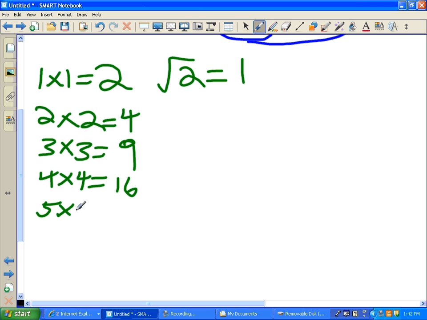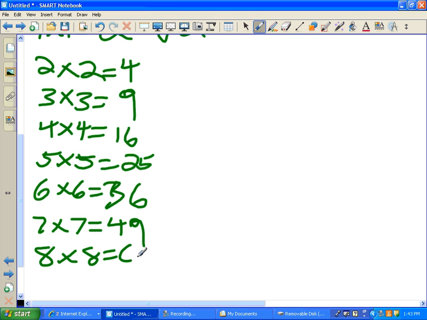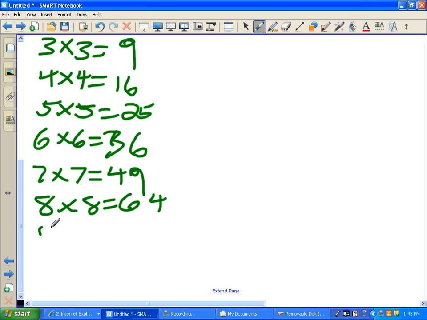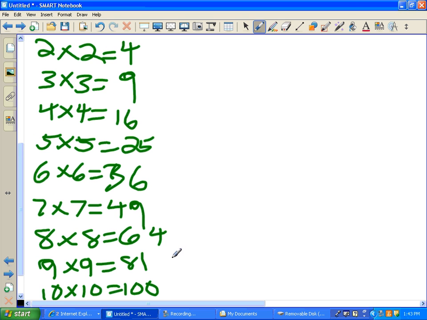So I'll just finish up these. 5 times 5 is 25, and then you go 6 times 6 equals 36, and then you go 7 times 7 equals 49, and then you go 8 times 8 equals 64, and then 9 times 9 equals 81, and then 10 times 10 will equal 100, and we could keep going on and on. 11 times 11, 12 times 12.